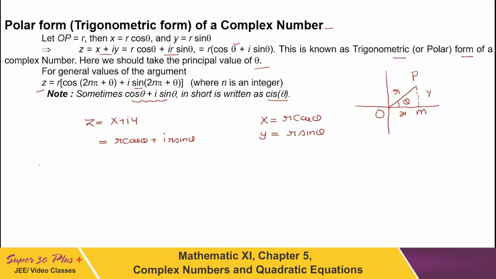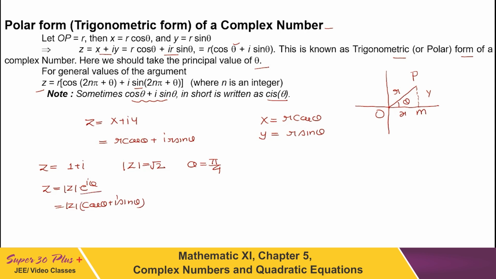For example, if z is equal to 1 plus iota, then we have to find the modulus, mod z, which is equal to root 2, and theta, the principal argument, is equal to pi by 4. Then we can write the complex number z as mod z into e to power iota theta, or you can say it is mod z times cos theta plus iota sin theta.